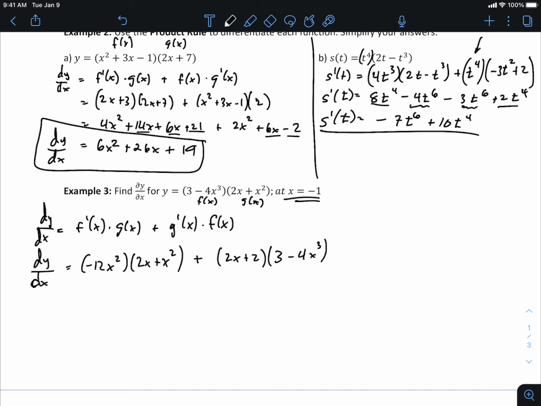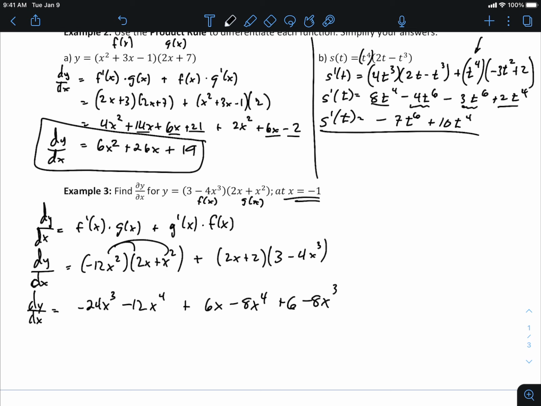Okay, and now we can expand this and clean it up. We have 2 more lines here, right? So we're going to expand. We're going to get negative 24x cubed, and then negative 12x to the power 4 plus 6x minus 8x to the 4 plus 6 minus 8x cubed.